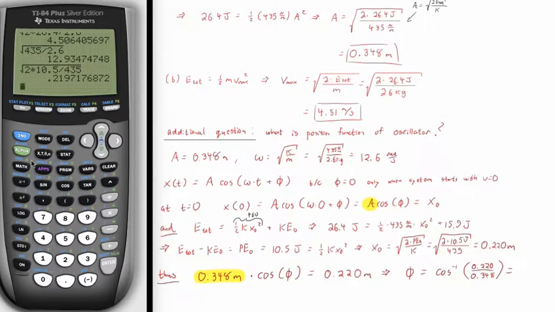I'm going to do an inverse trig function here, cosine inverse. And we could have chosen a different phase angle here. We could have based our position function off of sine instead of cosine, and we just would have had a different phase angle, because that's all this is.